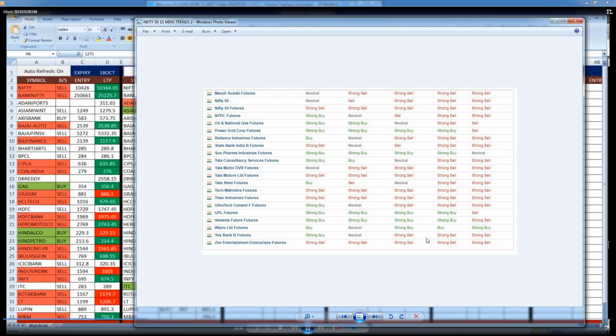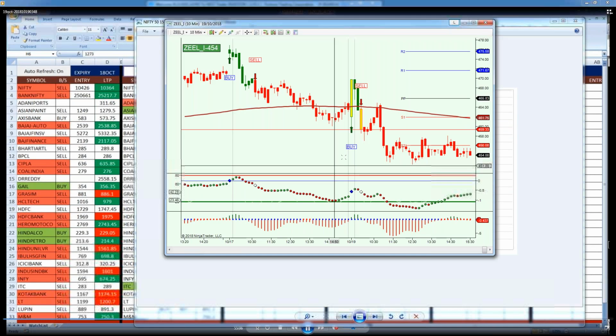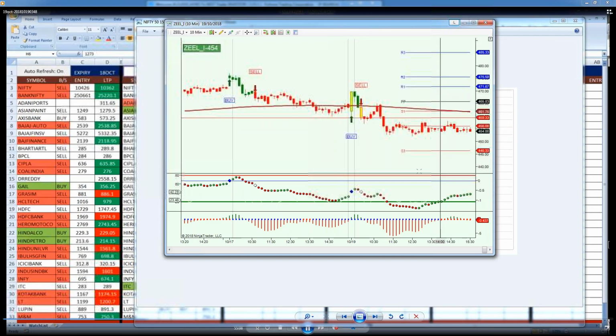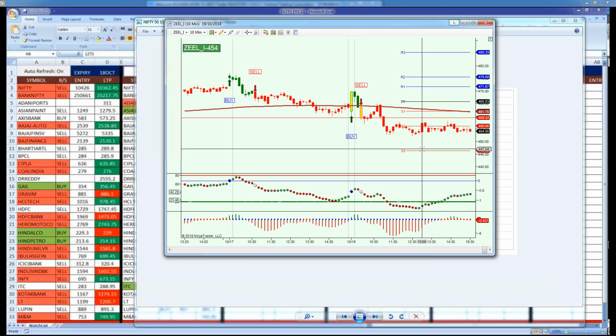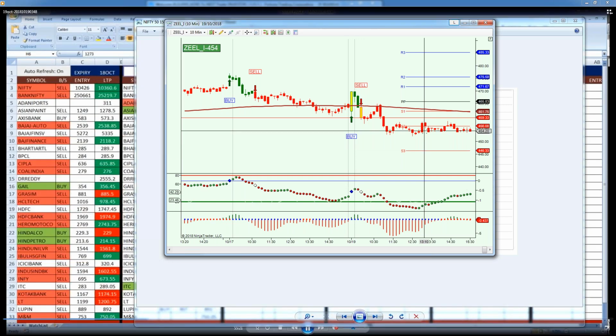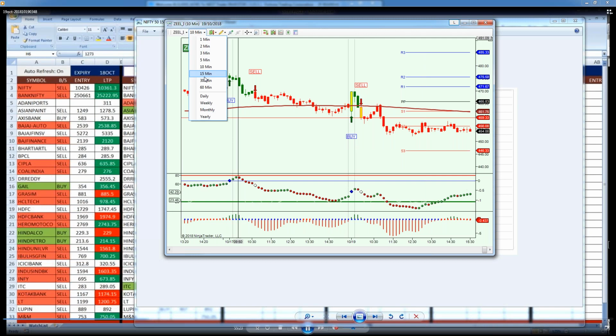In case it's going to break this, it's actually neutral now. It's going to break. It's going to come down till 466 or 477. So this can be another very good trade on the short side.